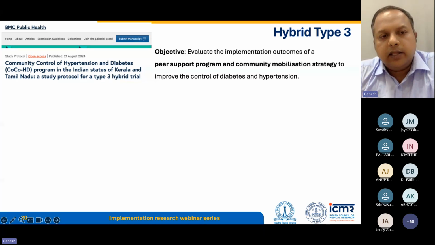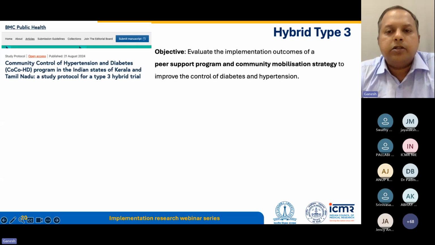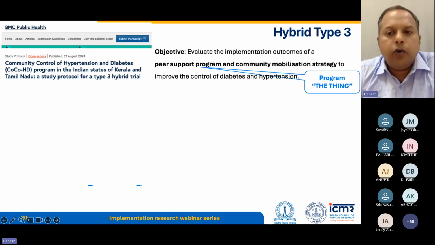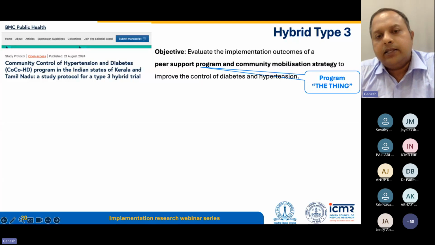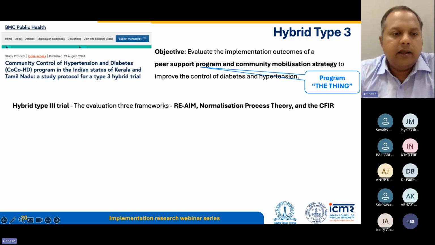In this study, the main objective is to evaluate the implementation outcomes of a peer support group program and community mobilization strategy. Now you know the thing here is the program, which is a peer support group program. And the design we have adopted here is a hybrid type 3 trial.